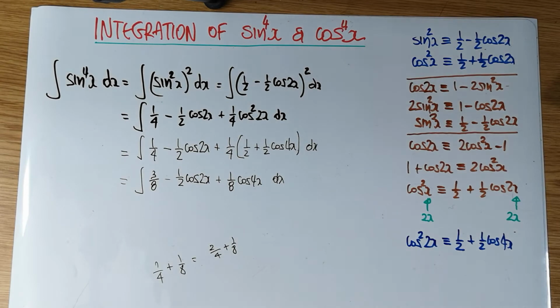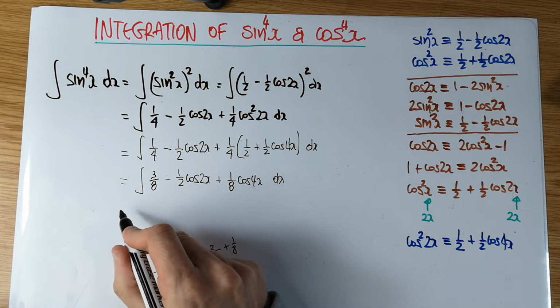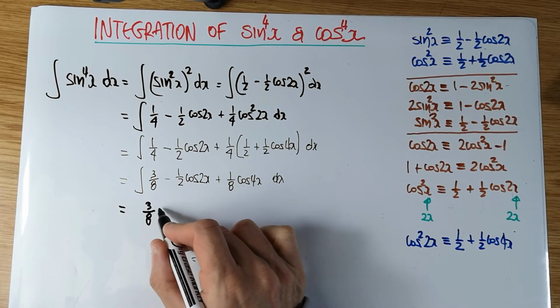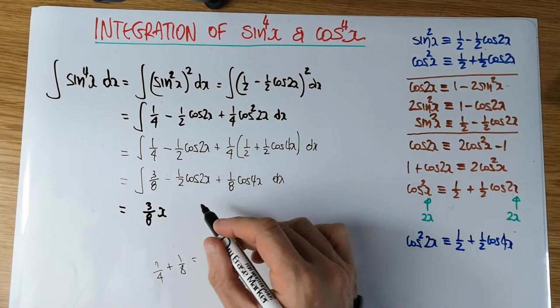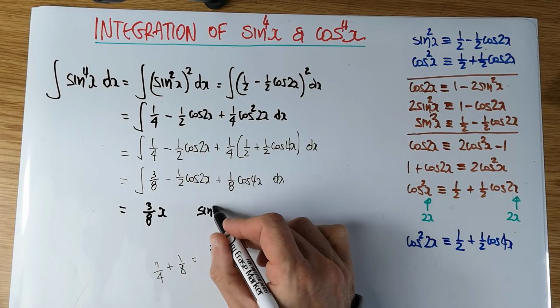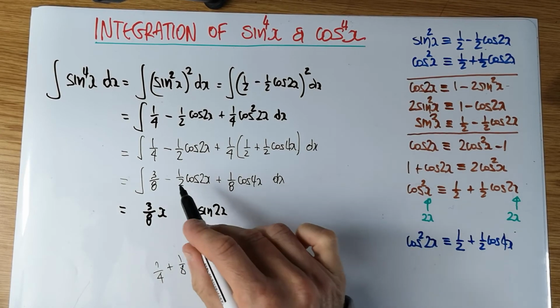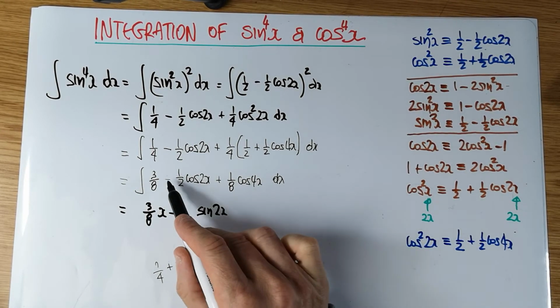After that, we can now begin our integration, which is very, very straightforward. This will produce, of course, with respect to x, 3/8 x. Cos of 2x comes from a differentiation of sine of 2x. Sine differentiates to a plus, therefore the minus that I'm seeing there must have been from the beginning.